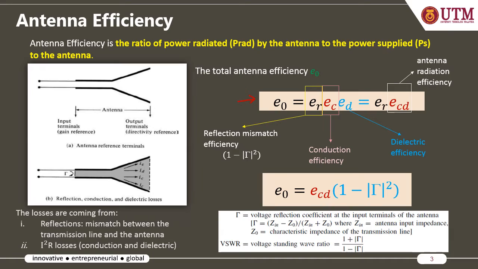E0 is the total antenna efficiency considering the losses at the input terminals and within the antenna structure itself.